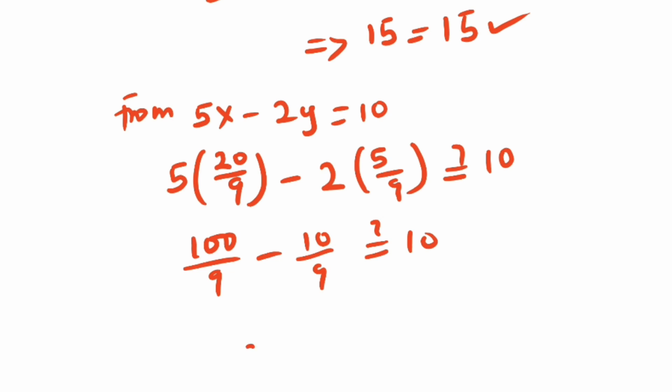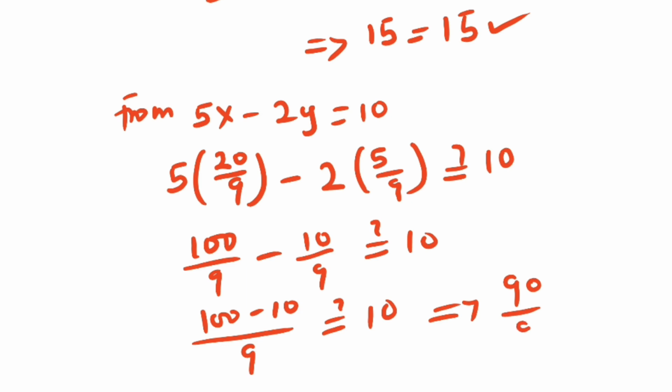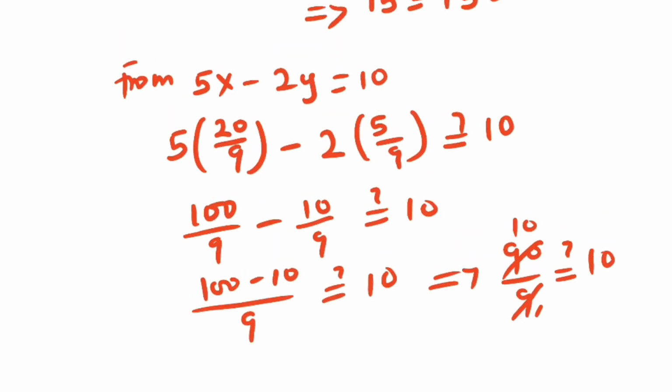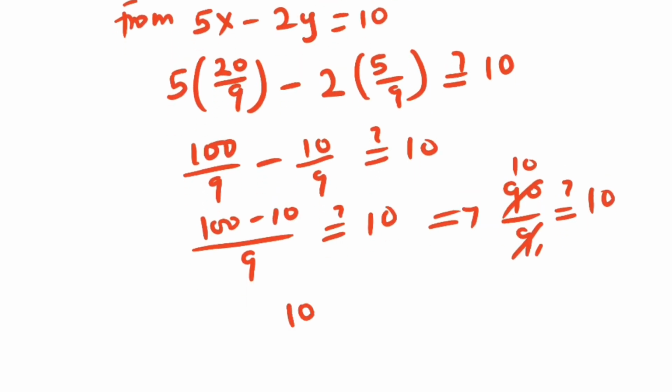The LCM here is 9. Here we have 100 minus 10 over 9, this is 90 over 9 must be equal to 10. 9 here 1, 9 here 10. Therefore, the left hand side 10 is equal to 10, which is true.